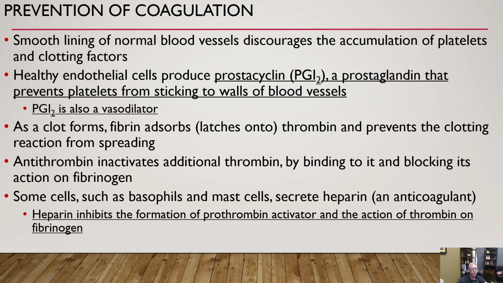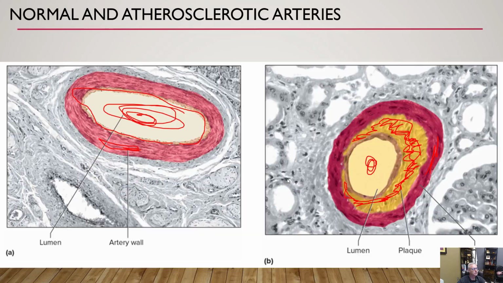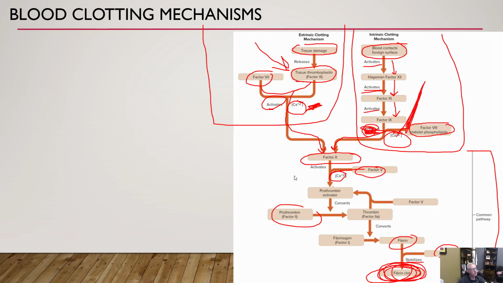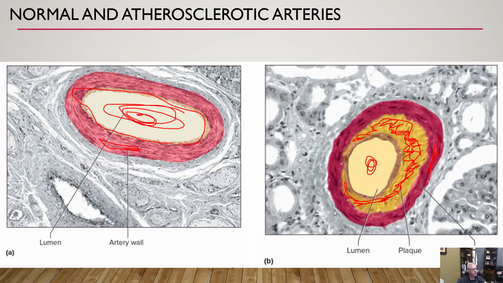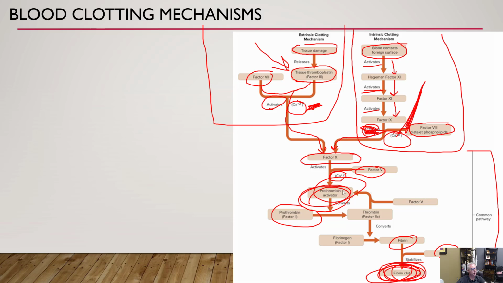Remember, prothrombin activator, let's see, where is prothrombin activator? It's going to be right here. And the action of thrombin on fibrinogen. So basically, we are working in the final common pathway, this prothrombin activator to fibrinogen. So it's going to work kind of down here in this area.